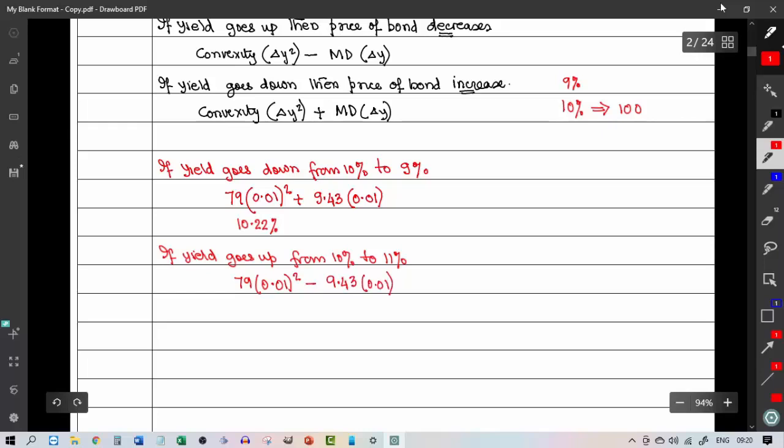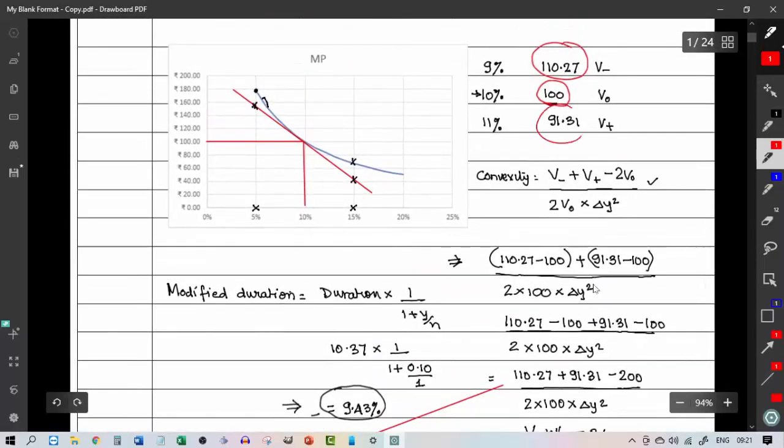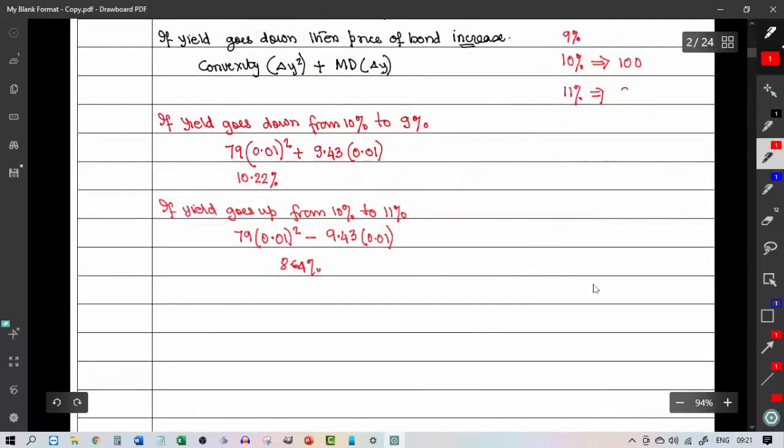And if we solve this, we will get 8.64%. So if you notice, when the yield went from 10 to 11%, the price of the bond was 91.31, which is roughly 100 minus 8.64. So that's 91.36, which is roughly about this figure. Now the minor differences that we are getting is because of the rounding off.